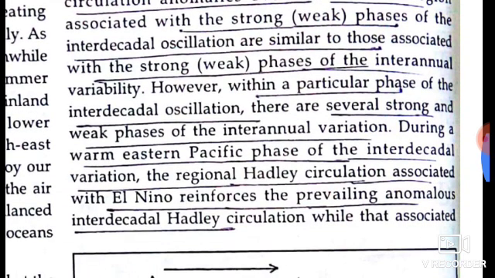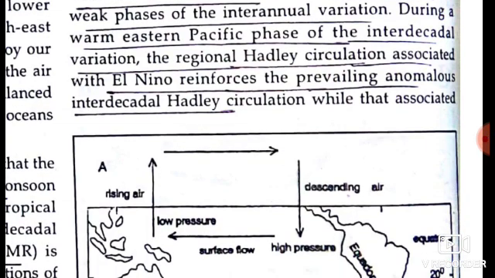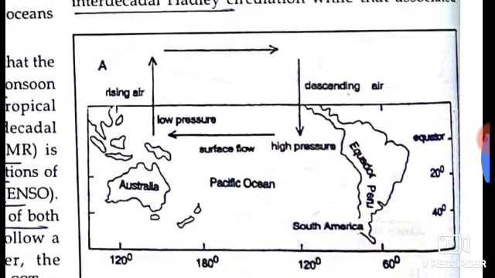However, within a particular phase of the interdecadal oscillation, there are several strong and weak phases of the interannual variation. During a warm eastern Pacific phase of the interdecadal variation, the regional Hadley circulation associated with El Nino reinforces the prevailing anomalous interdecadal Hadley circulation.